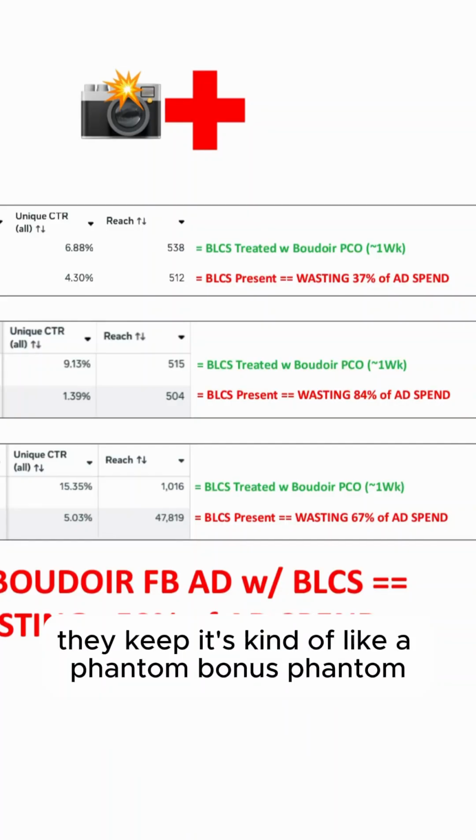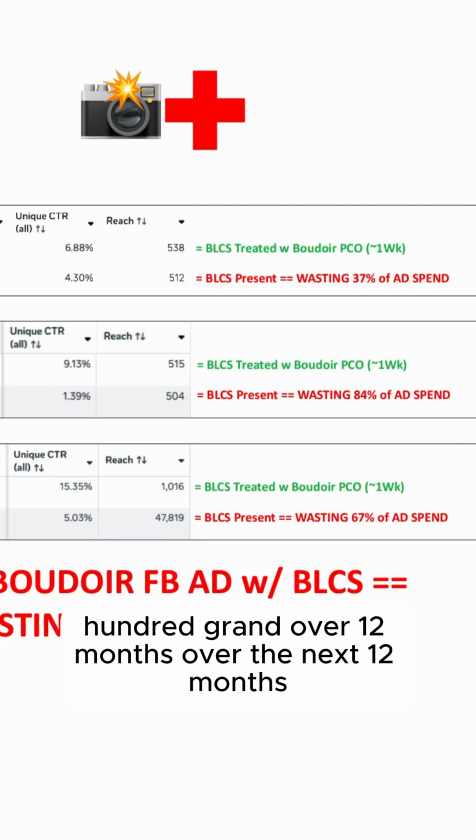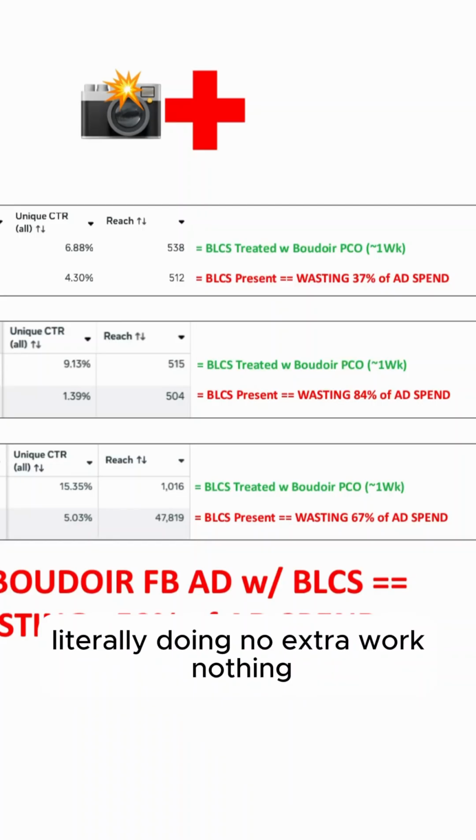It's kind of like a phantom bonus, phantom profit. And as a result, they're actually able to keep that $8,400 a month, which is like 100 grand over the next 12 months, literally doing no extra work, nothing.